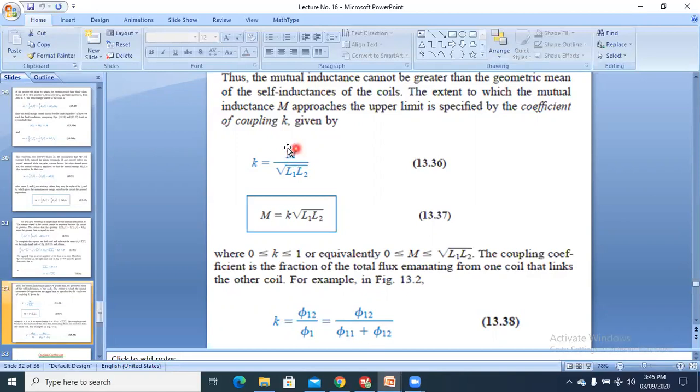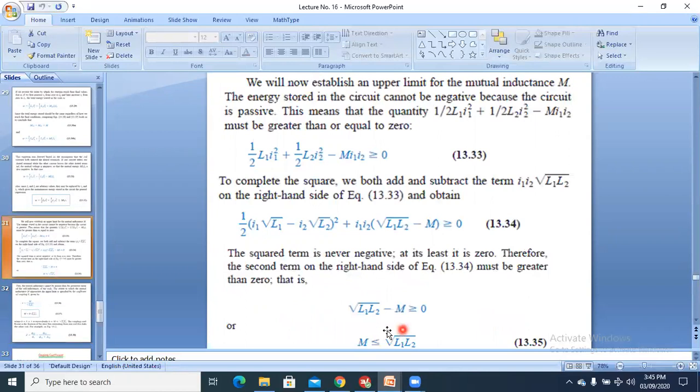If the two coils are coupled better, the value of M is higher, and it cannot increase beyond a certain quantity.